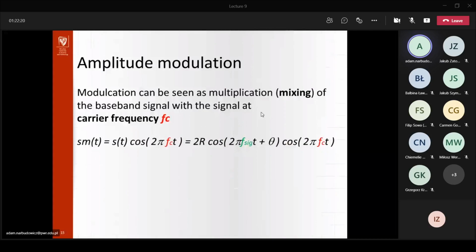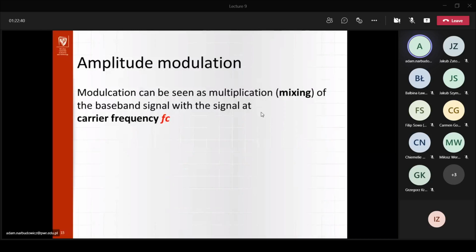The mathematical operation that corresponds to amplitude modulation is basically the multiplication of two signals in the time domain.